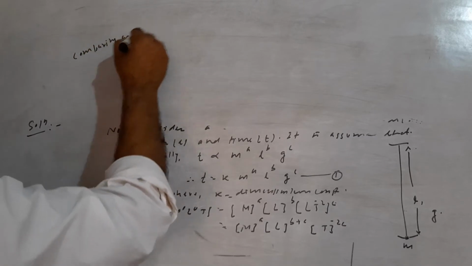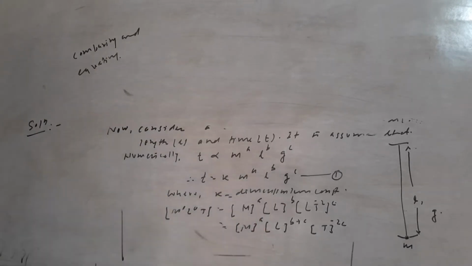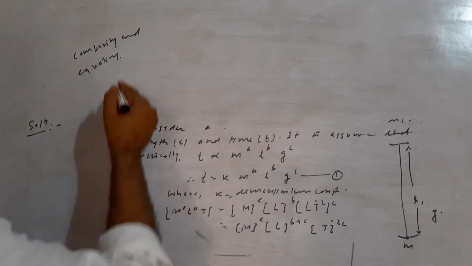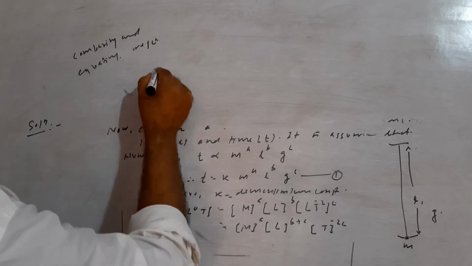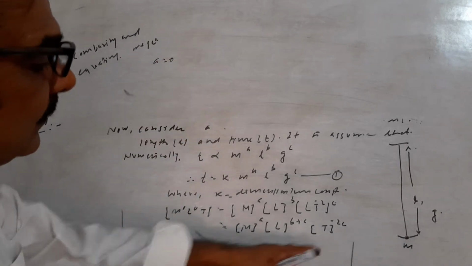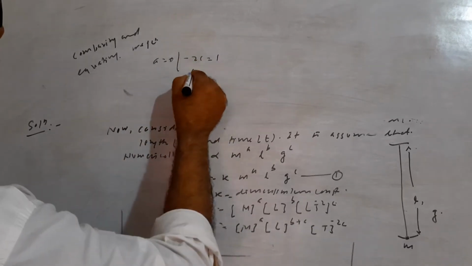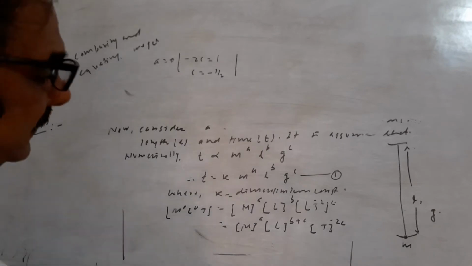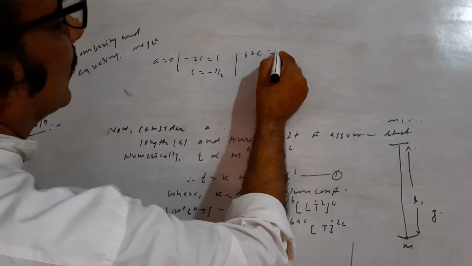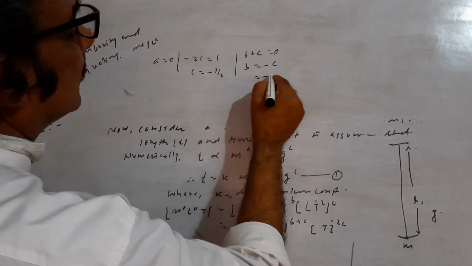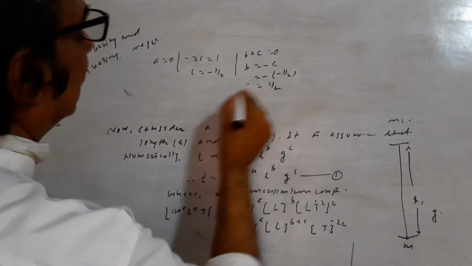Comparing and equating the physical quantities on both sides, we get a equal to 0, minus 2c equal to 1, so c is equal to minus half, and b plus c equal to 0, so b equal to minus c, and therefore b equal to half.